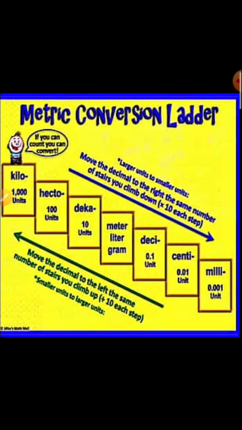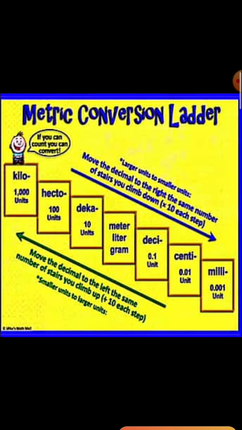Next is the metric conversion ladder. Look here: when you climb down, move the decimal to the right by the same number of stairs you climb down, so multiply by 10 each time. This is a trick for remembering.